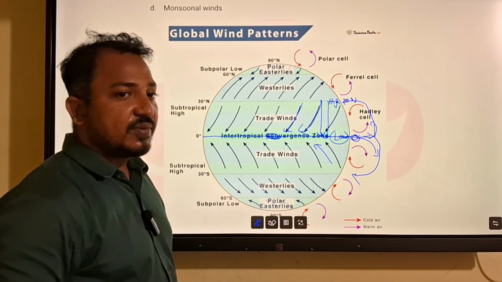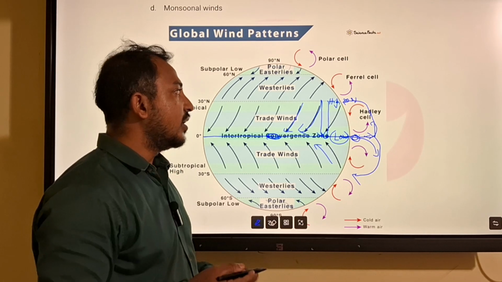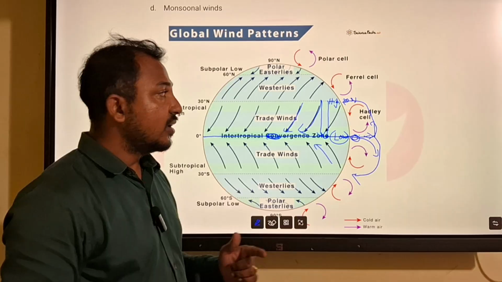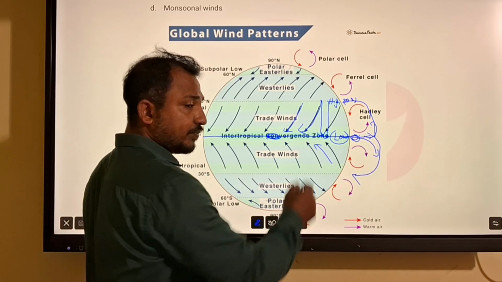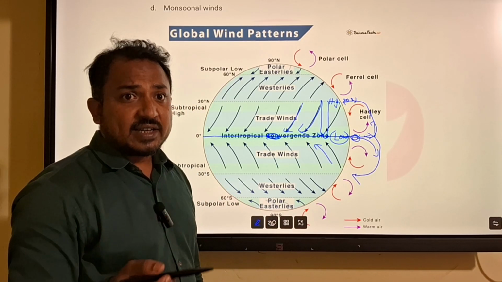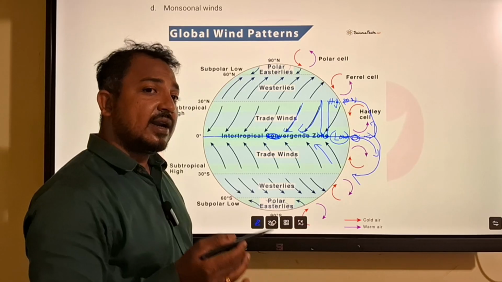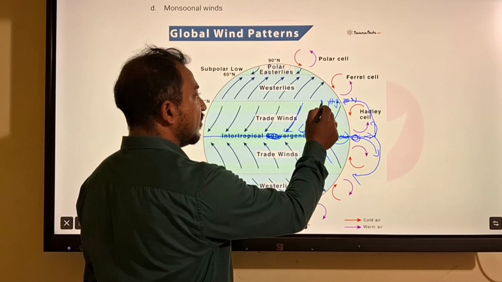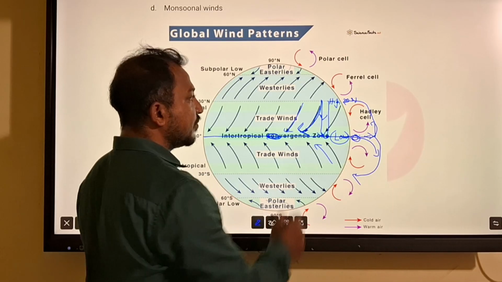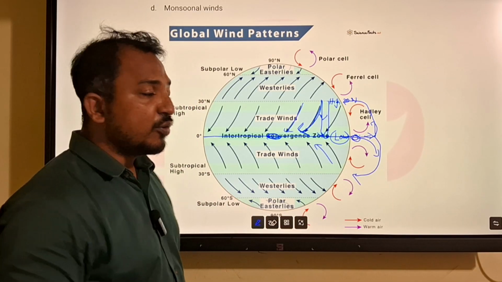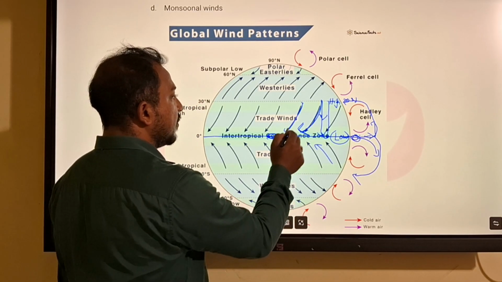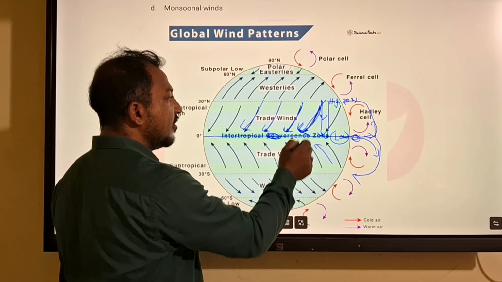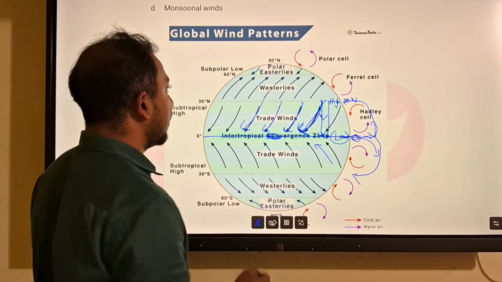The Coriolis effect is a deflection of objects because of the rotation of the earth. So objects always deflect to the right side in the northern hemisphere and the left side in the southern hemisphere. The more the Coriolis effect, the more the deflection will be. So now this is called your trade wind.